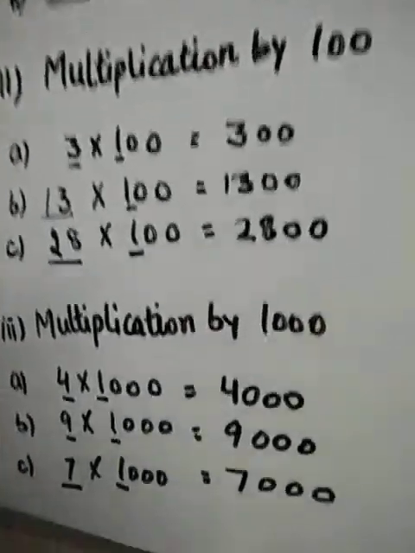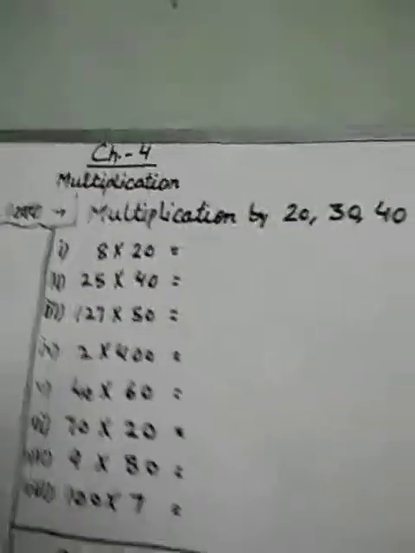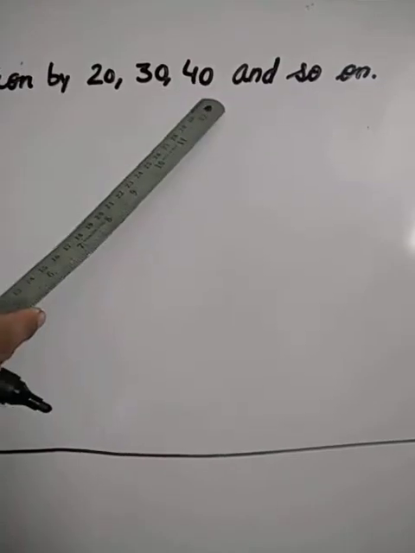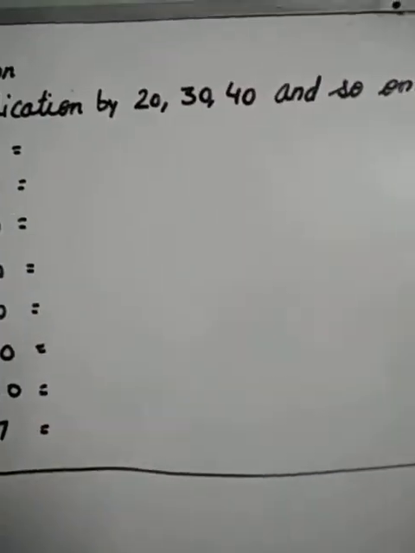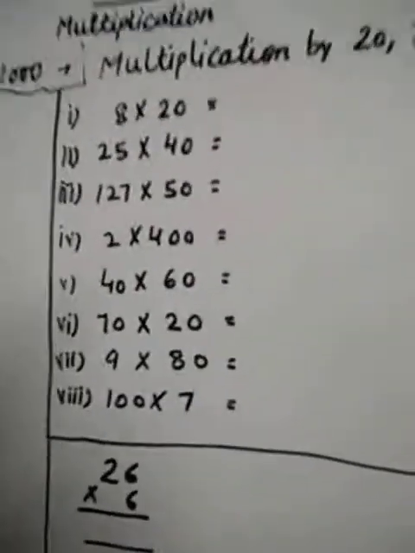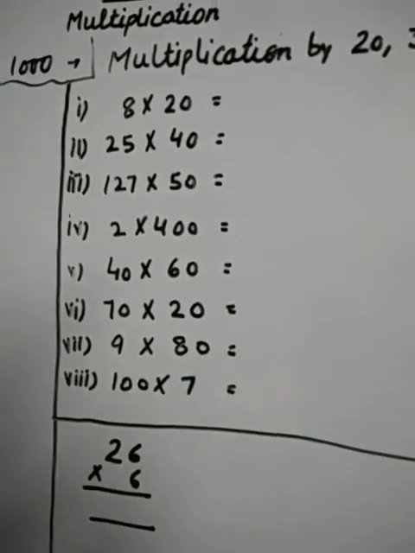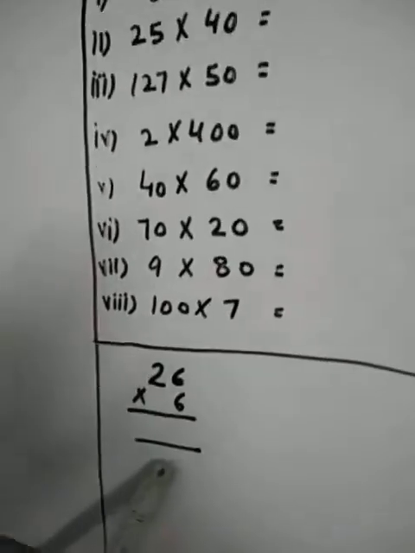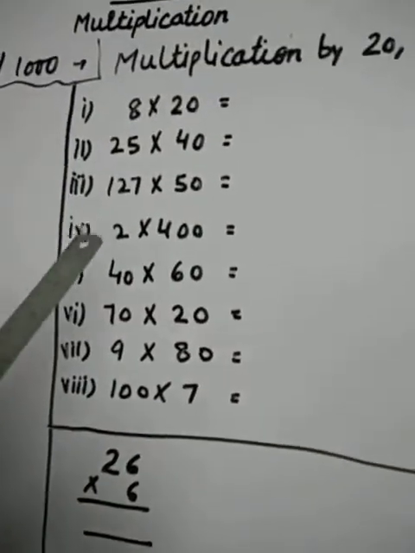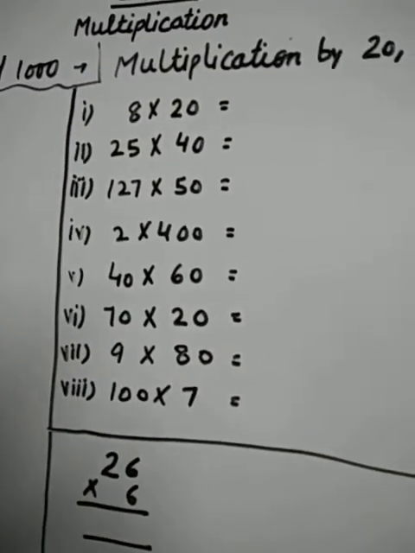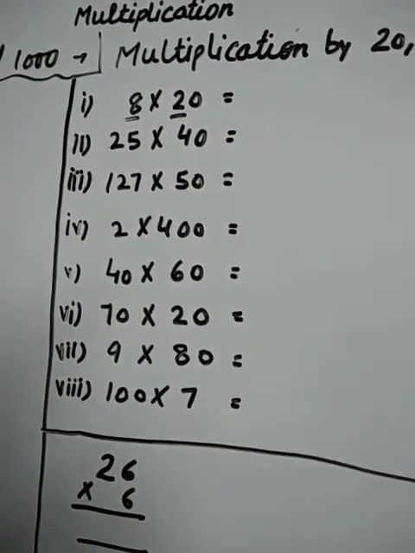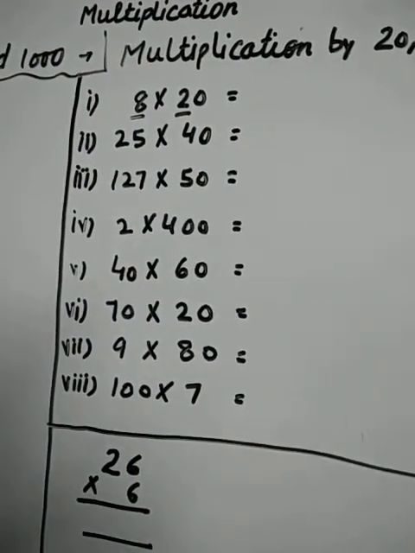Now the next topic is multiplication by 20, 30, 40 and so on. So on means like 60, 70, 80, 90. Without showing this method, I will do this multiplication also. Again the same method I will follow. 8 multiplied by 2. 8 2s are 16.